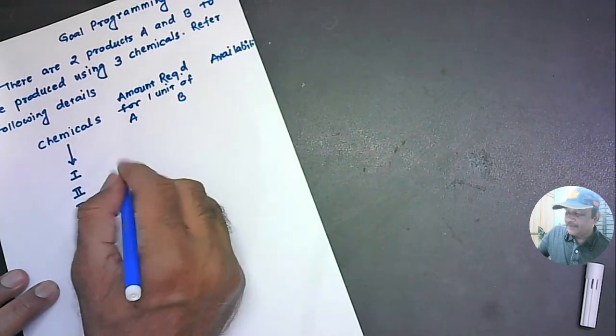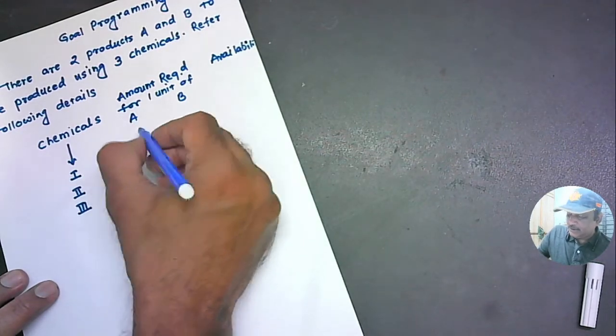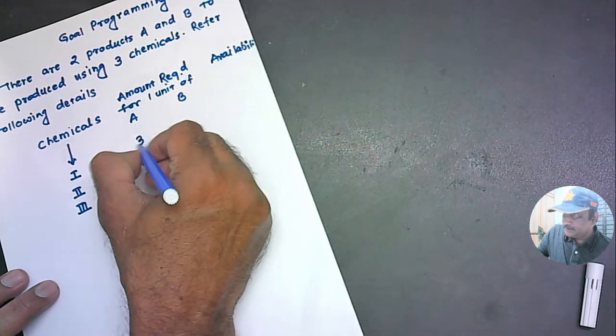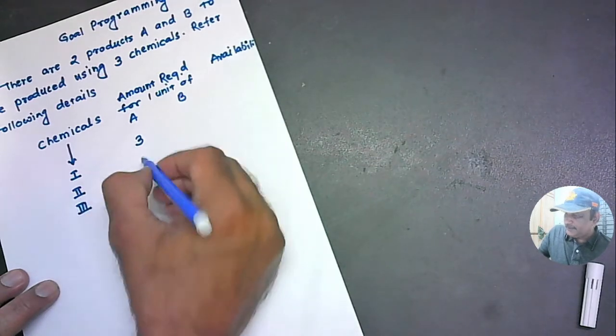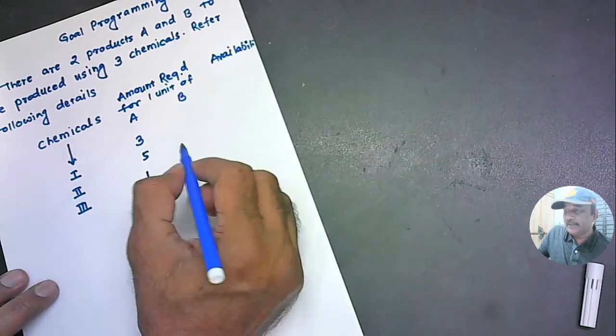So A requires 3 units of chemical 1, 5 units of chemical 2, and 1 unit of chemical 3.